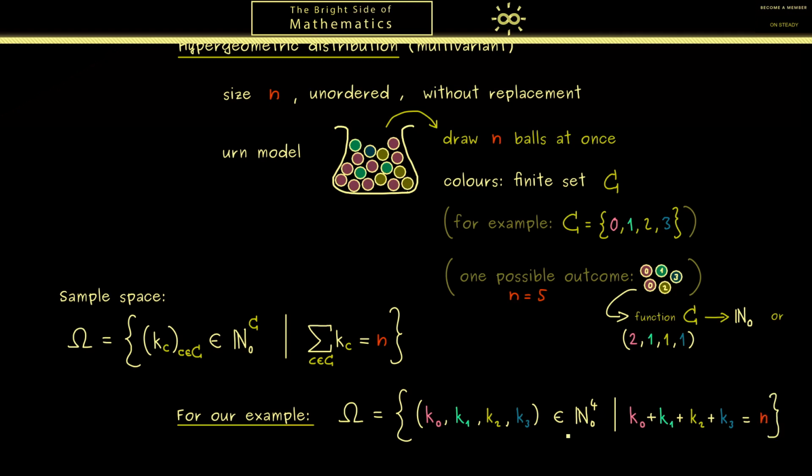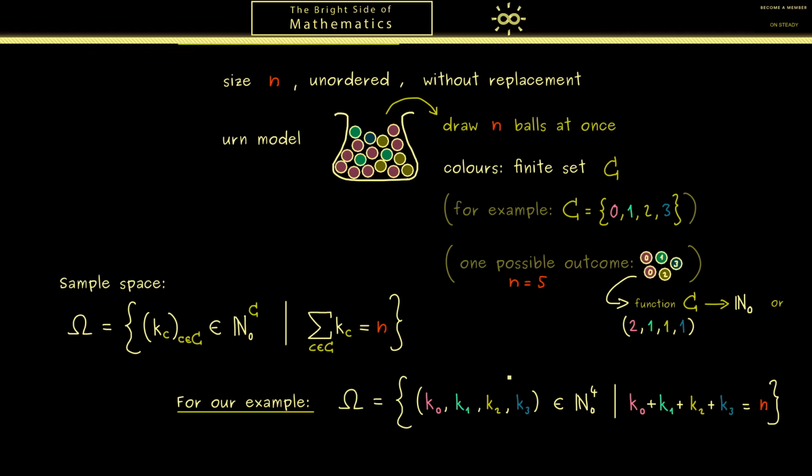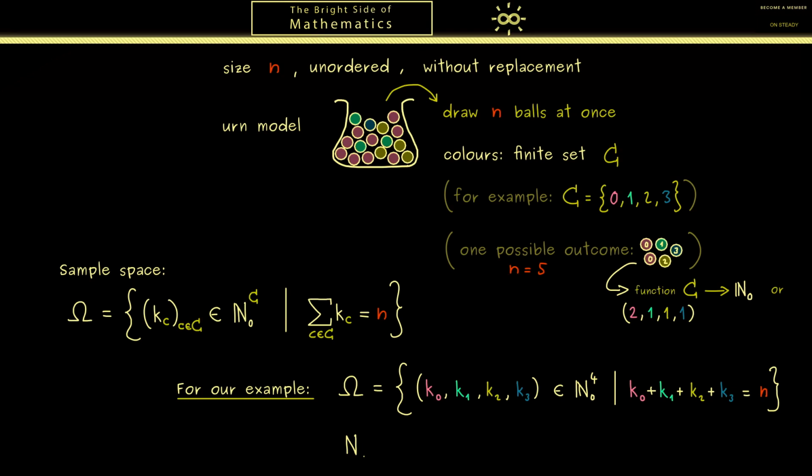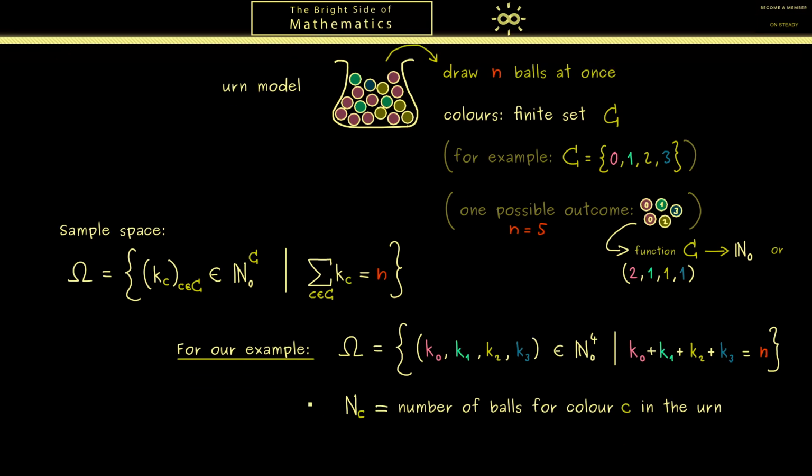Now you might already see, for calculating the probability of an outcome, we have to know how many balls of each color are actually in the urn. For this we have to introduce new variables. Hence capital N with index c stands for this number. And then of course the total number of balls in the urn is given by the sum of all these numbers. Here we will simply use the symbol N for it.